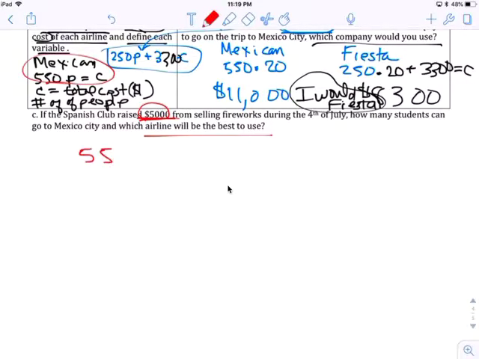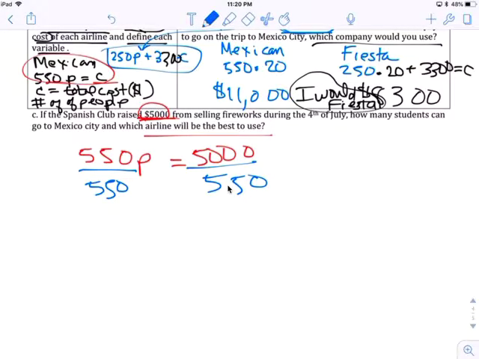How many people can go if they charge $550 per person and you want your total cost to be $5,000? 5,000 divided by 550 is 9.09 people. So 9 people can go using Mexican Air.